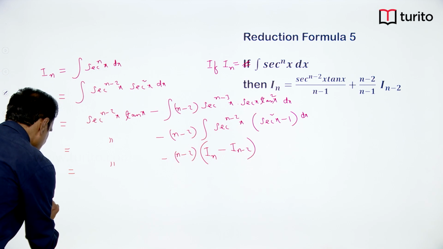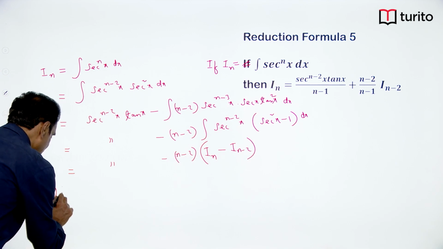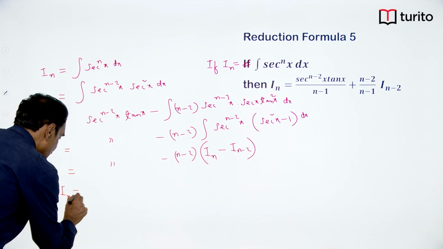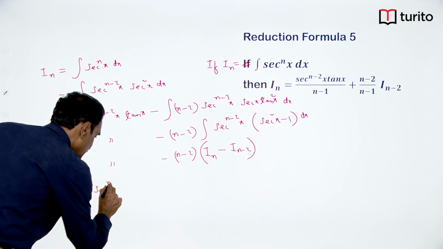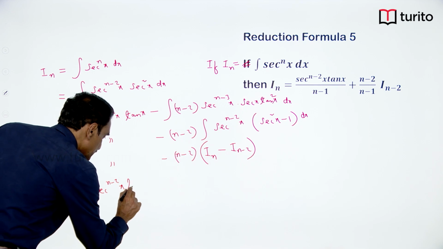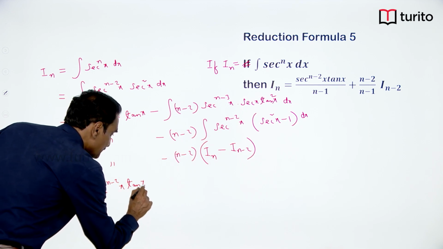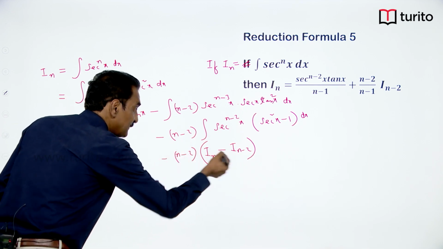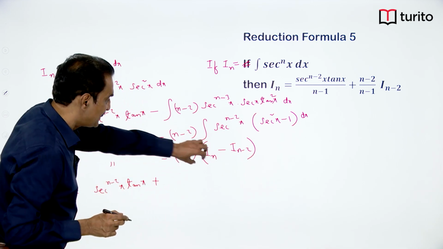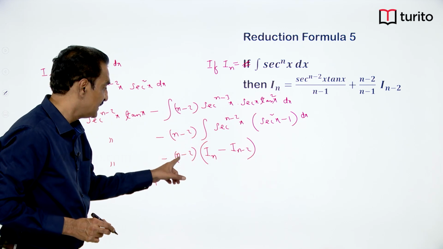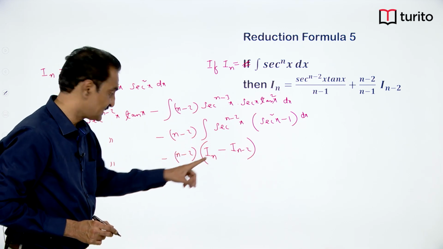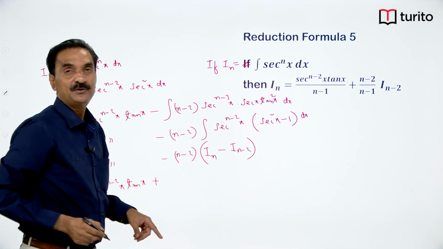So n minus 1 into In is equal to secant power n minus 2x tan x, minus of minus is plus, n minus 2 into In minus 2.